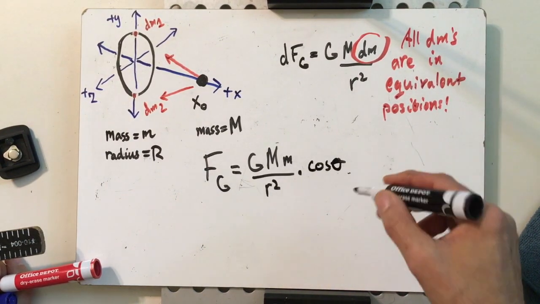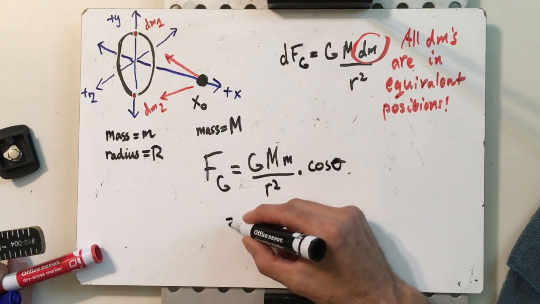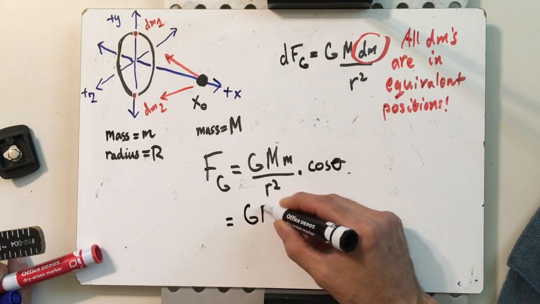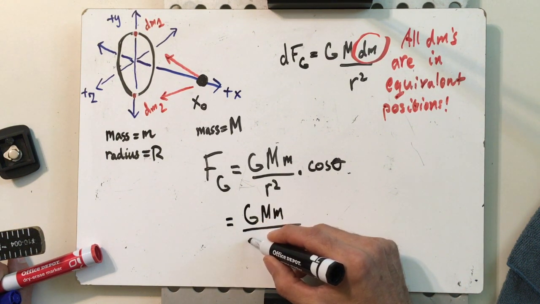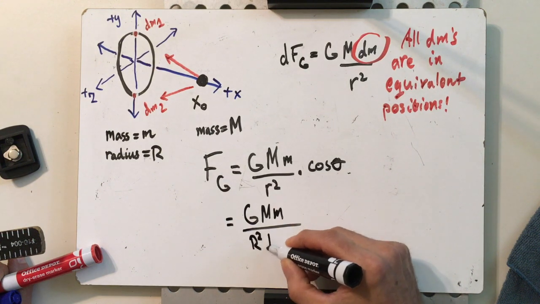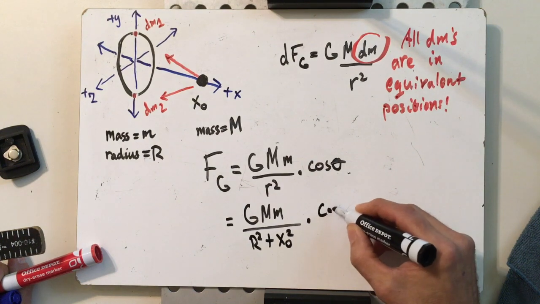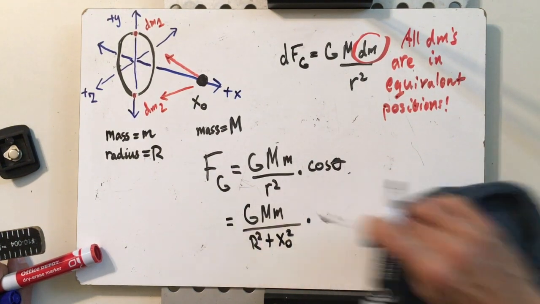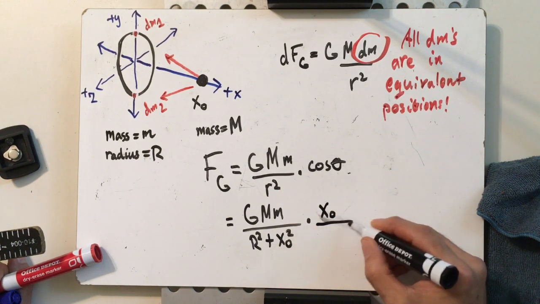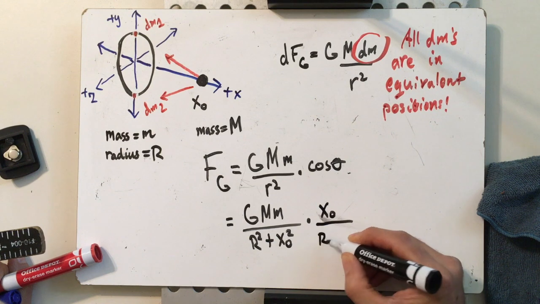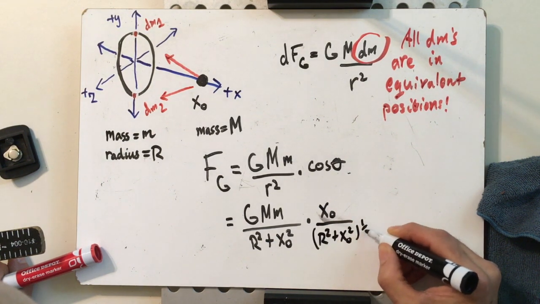It's x naught over the square root of r squared plus x naught squared. So that must equal G capital M little m over r squared plus x naught squared, times my specific value for cosine of theta, x naught over r squared plus x naught squared to the 1/2 power.